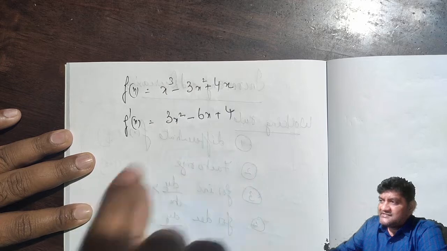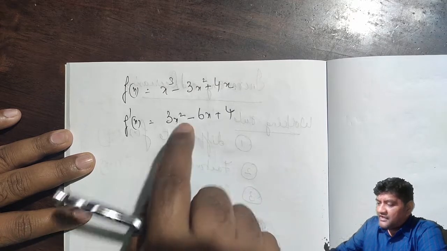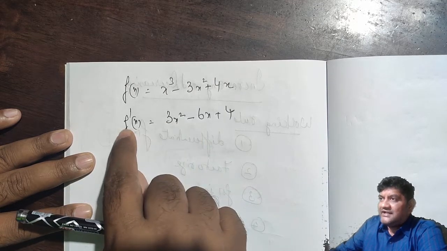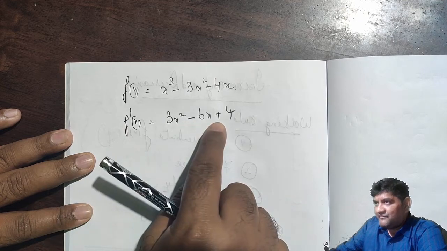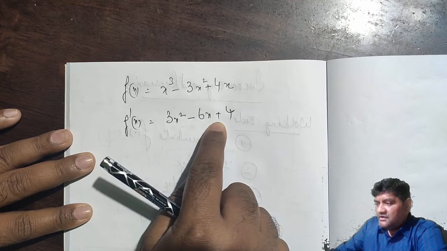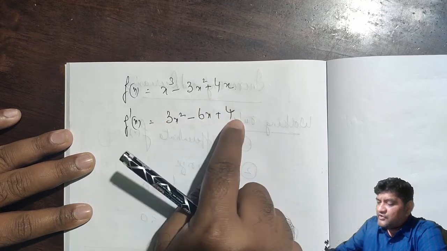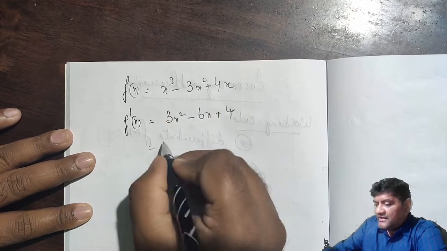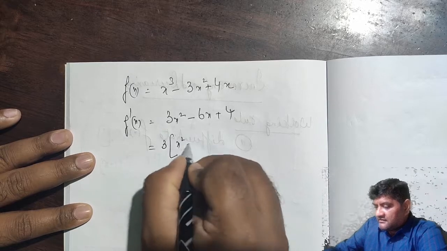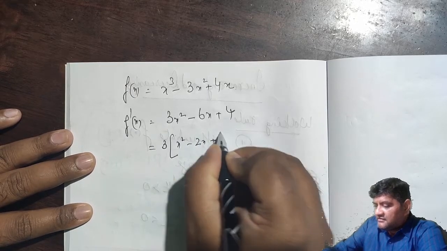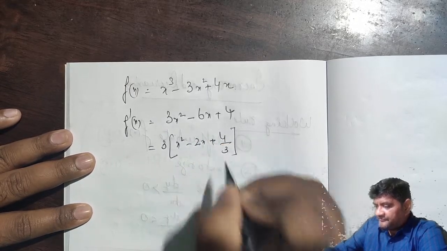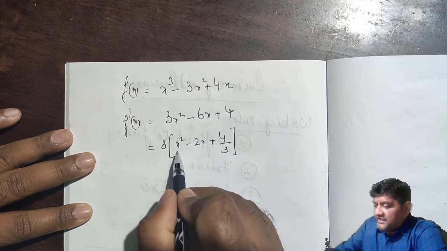And here there's a slight change in the working rule. The working rule now will be to show that f dash of x is always going to be positive. So I will try and show that this entire function is going to remain positive. How do I do that? I'm going to take a 3 common out. Use completing the square method.